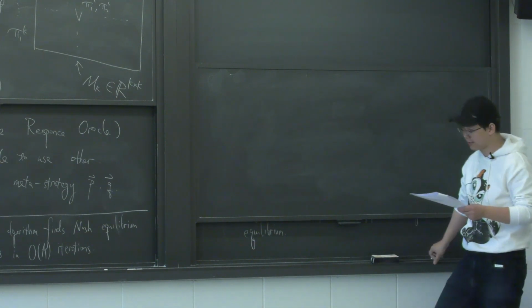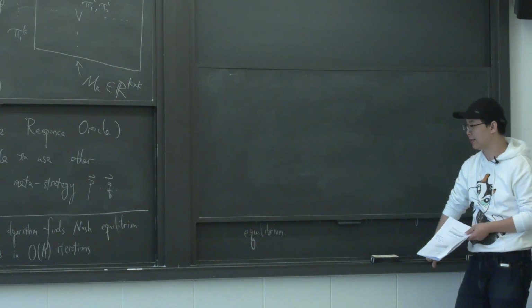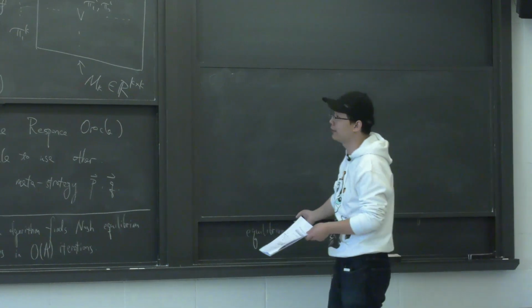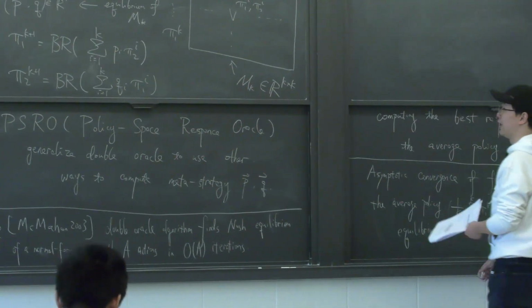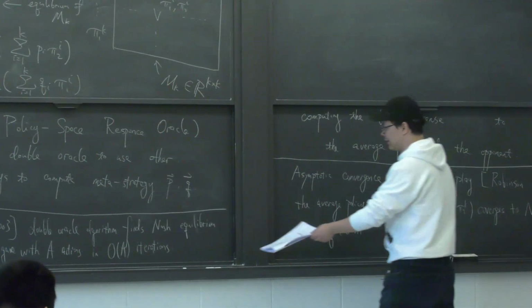At first glance, this proposition looks a lot better than the fictitious play one, because fictitious play requires something like exponential in A. Here it's just linear in A.